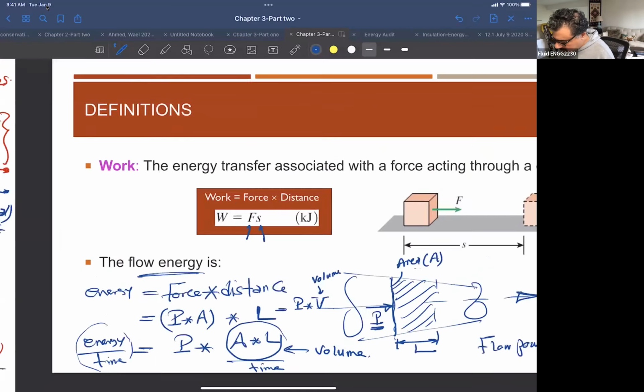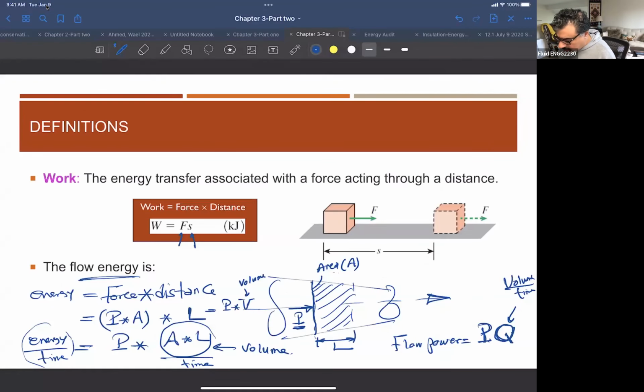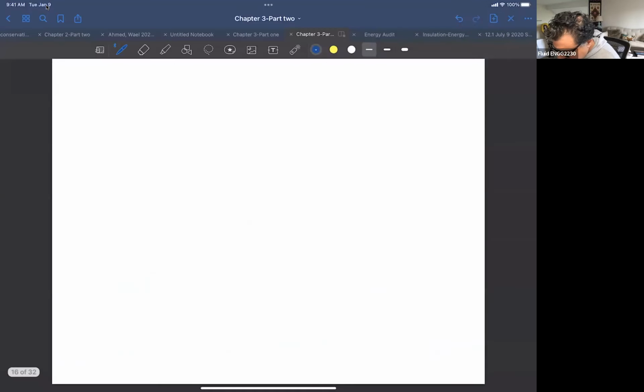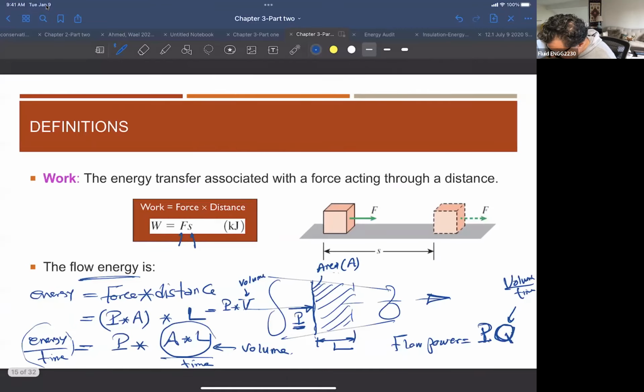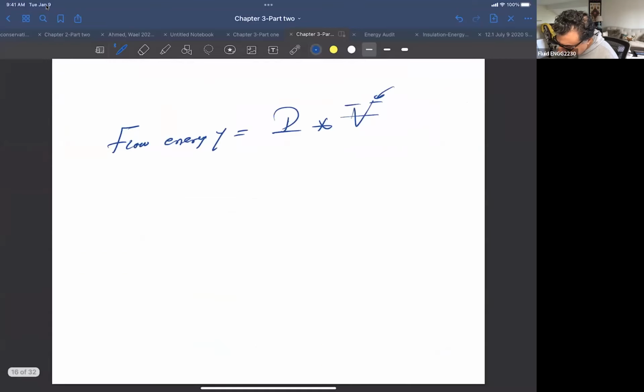Now, if I look at the pressure times volume and I divide it by the weight, so flow energy is pressure times volume. I can call it volume like this so people don't confuse it with the velocity, right?